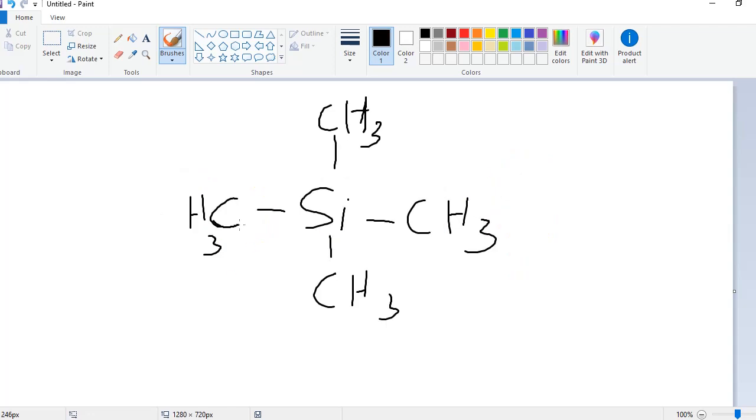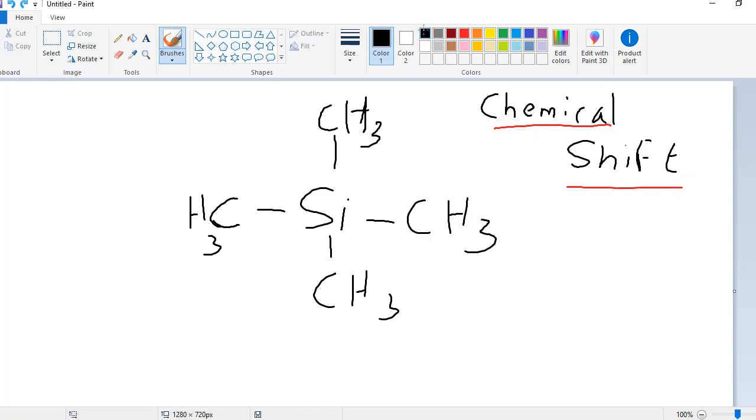In order to measure the different types of magnetic environment present for the proton, we use the term chemical shift. The presence of different magnetic environments in the molecule is measured in terms of chemical shift. We measure the chemical shift by using a standard, and the standard used is tetramethylsilane. Now why do we use tetramethylsilane?